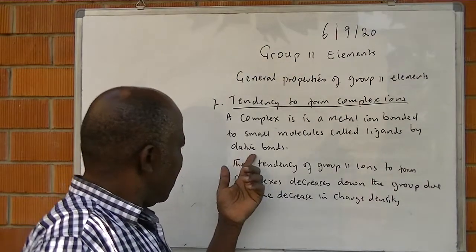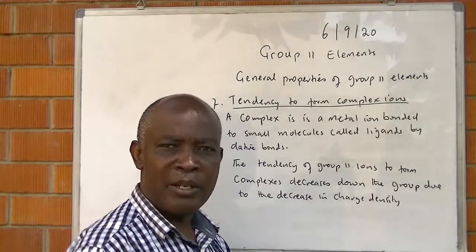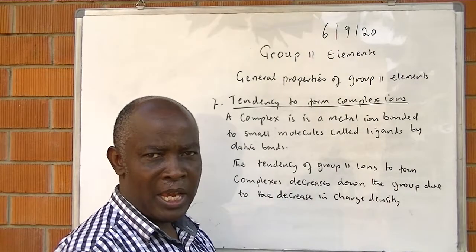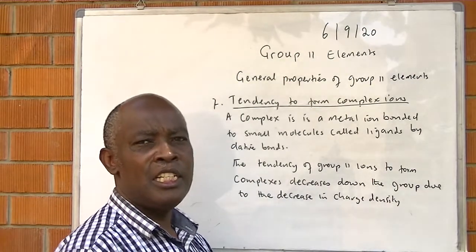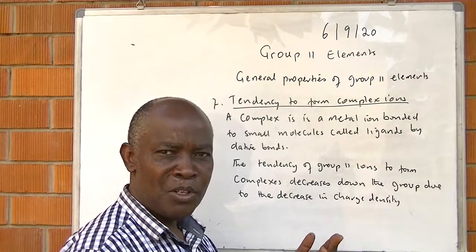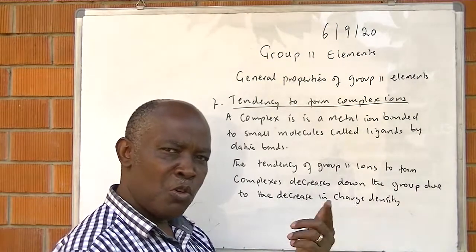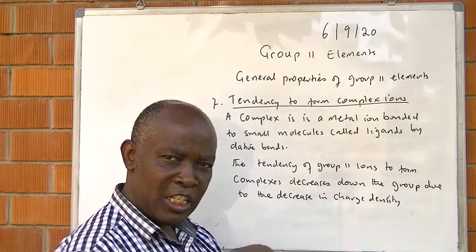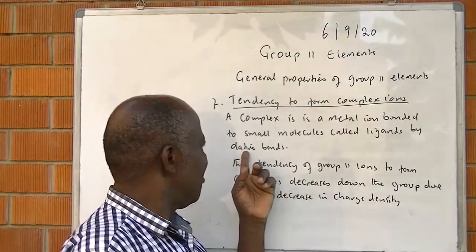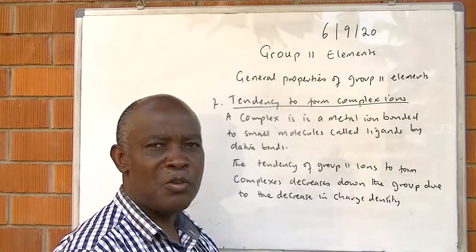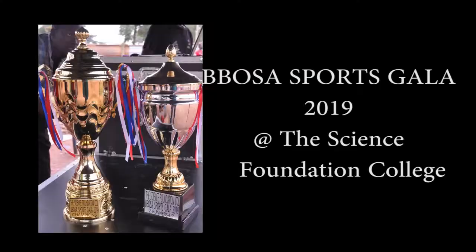A dative bond is a covalent bond where the shared pair of electrons is contributed by 1 atom only. In the normal covalent bond, each atom contributes 1 electron to the shared pair. But in the dative bond, one atom contributes both electrons to be shared by two atoms.